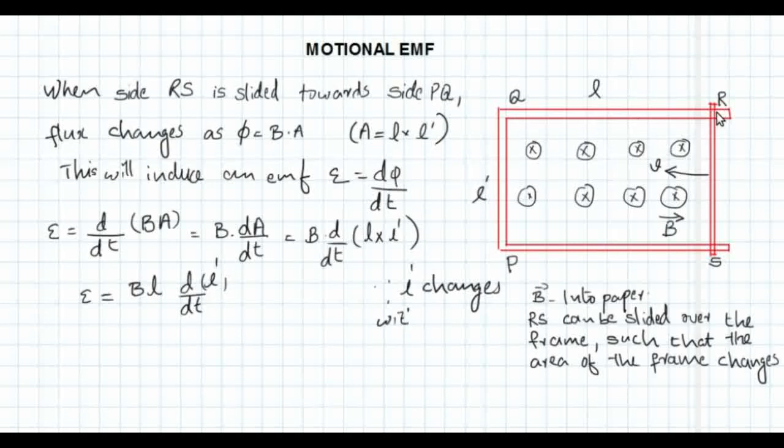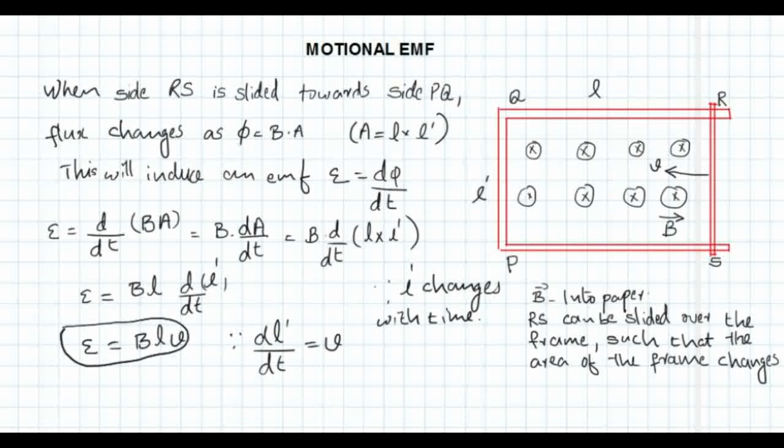L dash is the distance QR, which is changing. When the distance is changing with respect to time, it is the velocity. That is the definition of velocity. Therefore in place of dL dash by dt, we can write v. Therefore E is equal to B L v represents the motional EMF, or induced EMF produced due to the motion of this conductor.